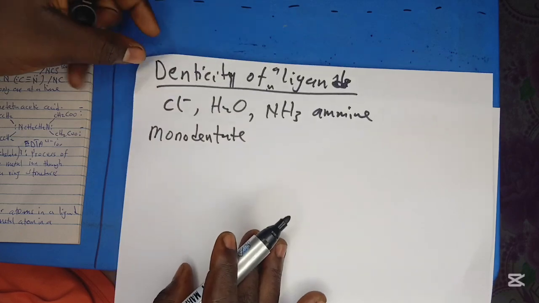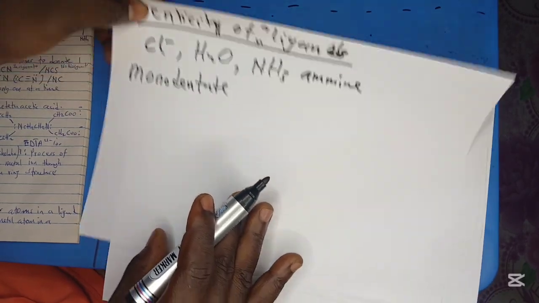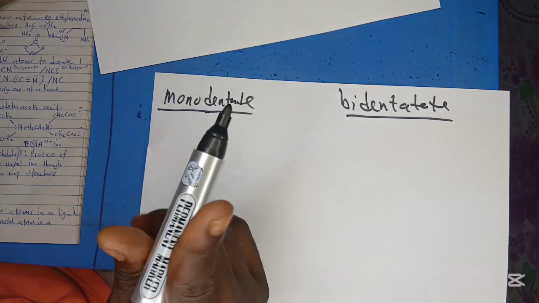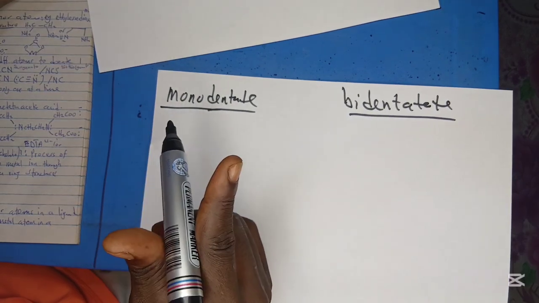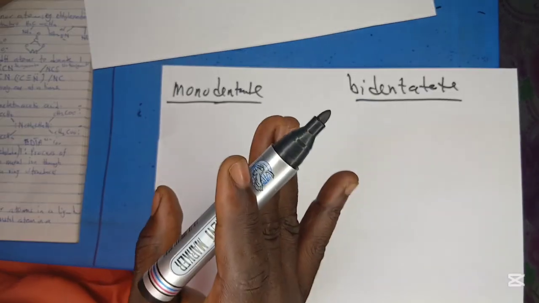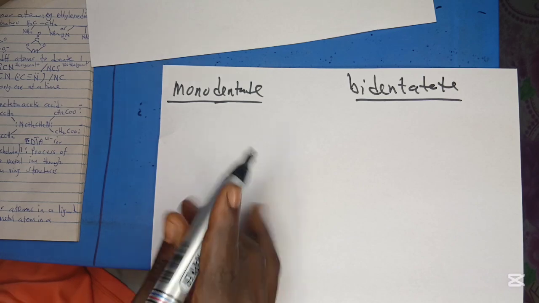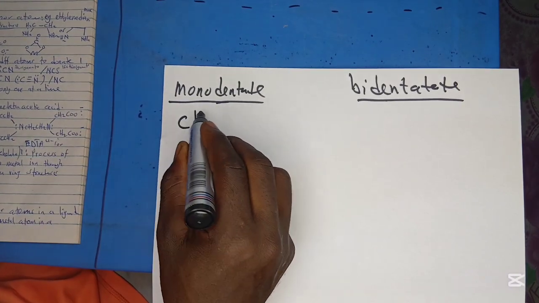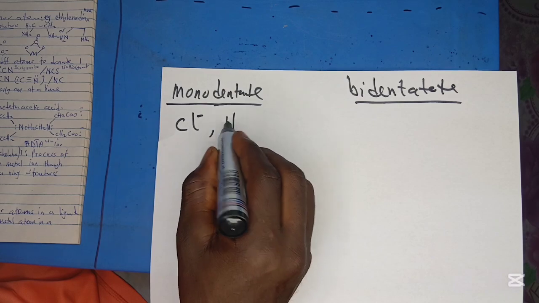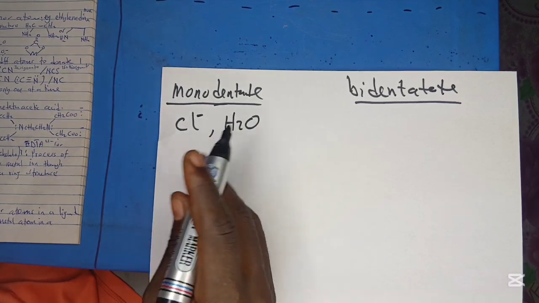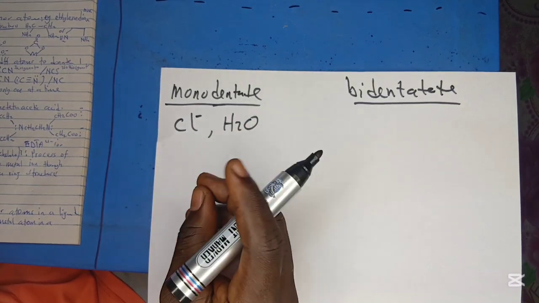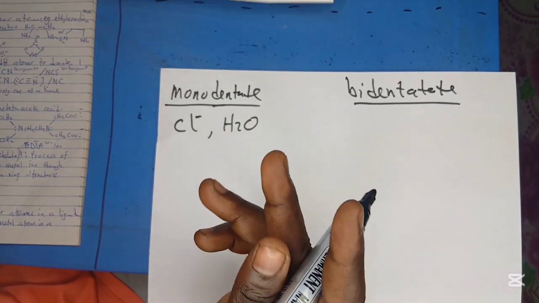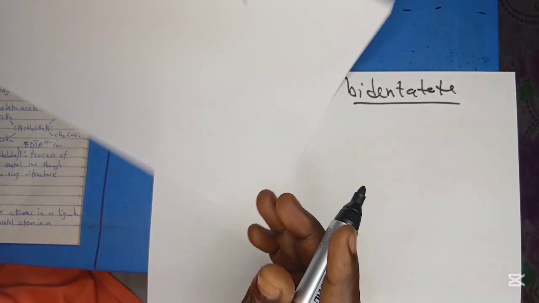We say denticity of a ligand is the number of donor atoms in a ligand. Some ligands have only one donor atom. If you have one donor atom, then you are called monodentate. Examples of monodentate ligands are chloride ion and water. You are monodentate because you can donate only one lone pair of electrons at a time to form a complex with a metal atom.